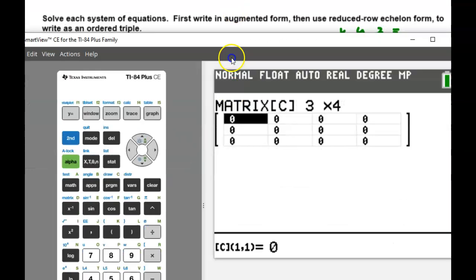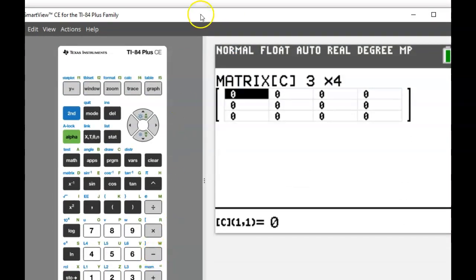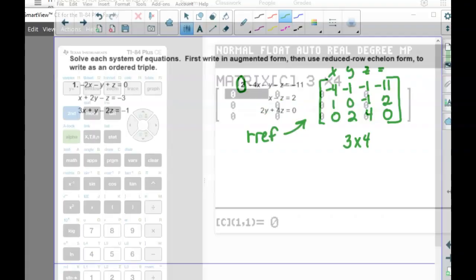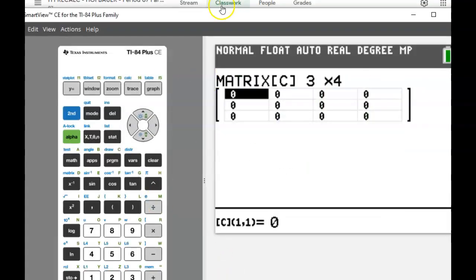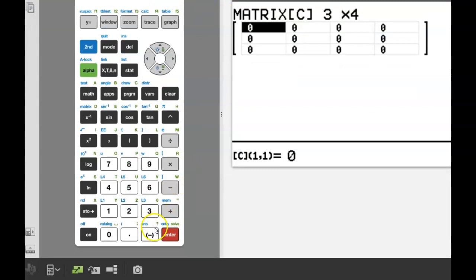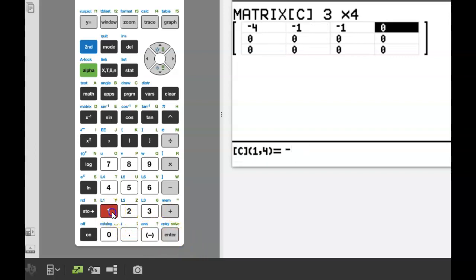All right, -4, -1, -1, -11. Proofread before you try to. Was it -11 for the first one? Okay, anybody want to read me the next one? This one's 0 something?